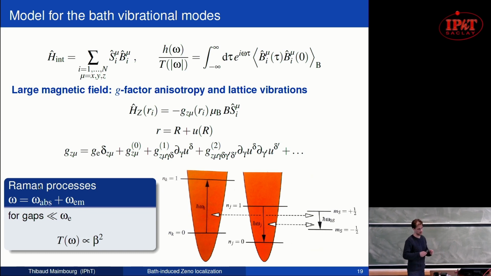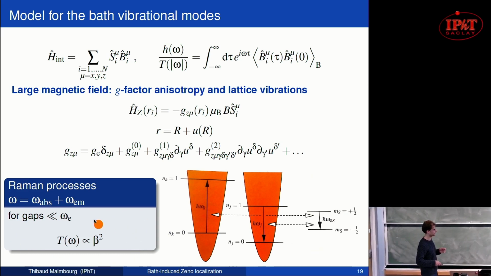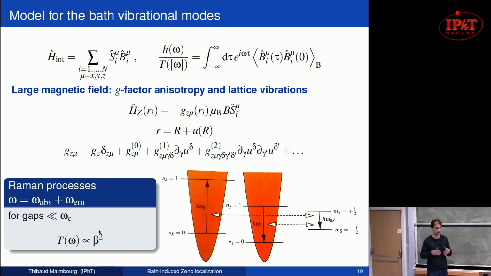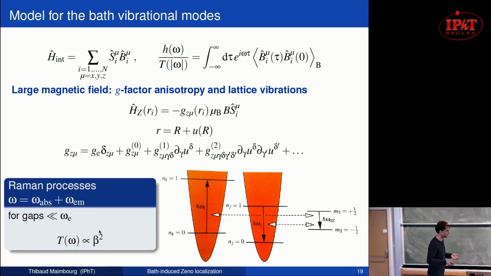That is basically you exchange, to get energy omega, you exchange two phonons. And what you get, the important thing I want to stress, is that these timescales at energy omega become proportional to beta square, which means that at low temperature timescales are long, and at high temperature timescales are short, which is quite natural.